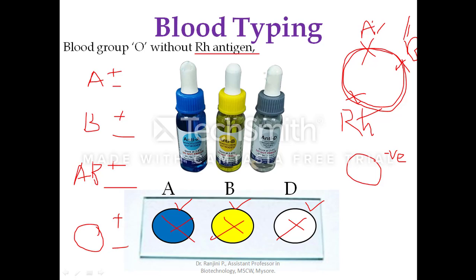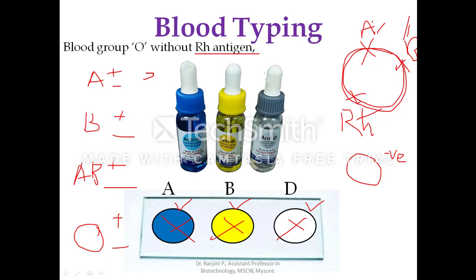So this is regarding identifying the blood group of the given blood sample using the synthetic antibodies developed by Karl Landsteiner. This blood typing will categorize the individual into 8 blood groups: A positive, A negative, then B positive and B negative.